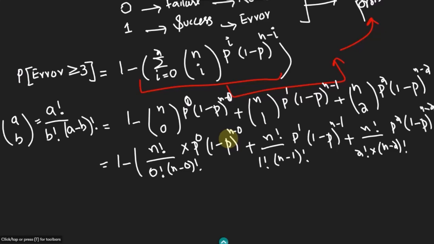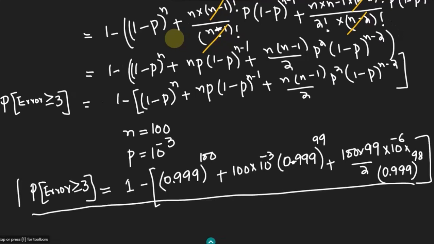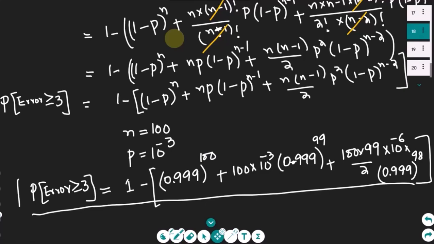According to this question, n equal to 100, because this is the total number of bits, and p is equal to 10 to the power minus 3. Writing these values gives the solution, the expression for the bit error which we were aiming for.